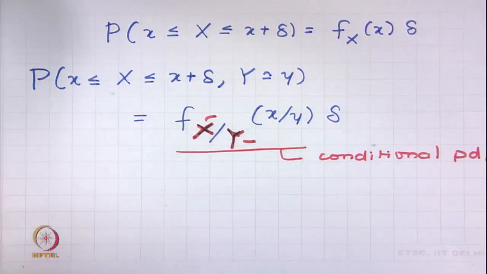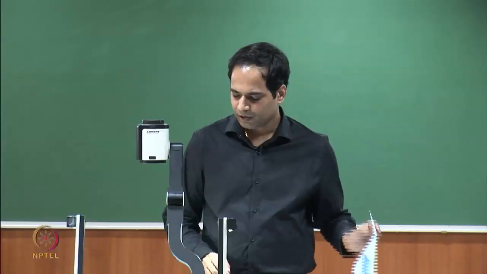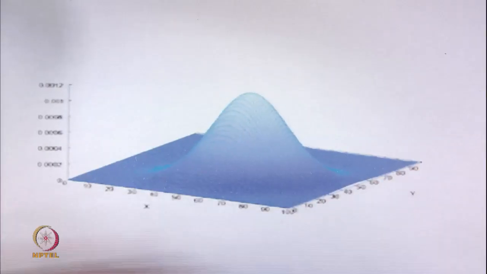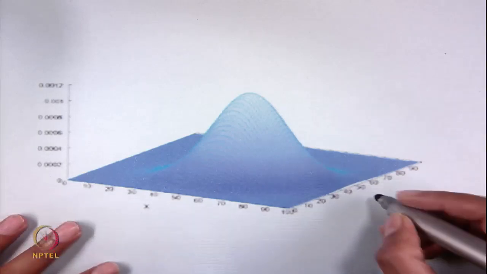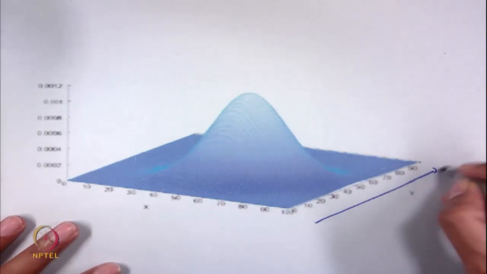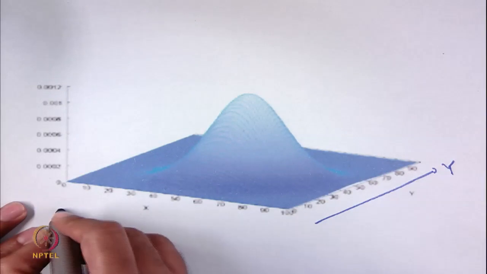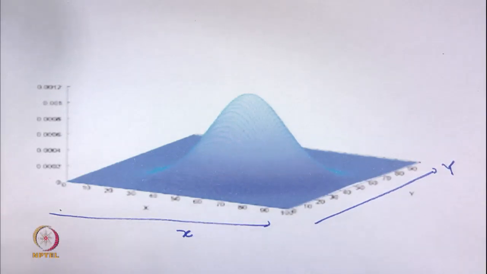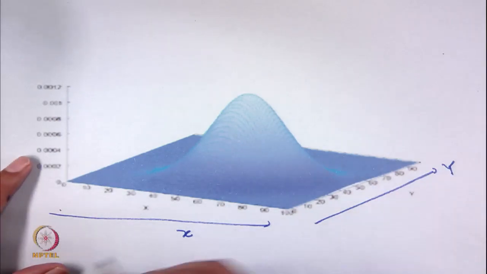So, let us try to interpret this a little more. Let me first plot a joint probability density function. So, this is a joint probability density function. On this axis you have y and on this axis you have x. Now, what I am saying is I am given some information about y.